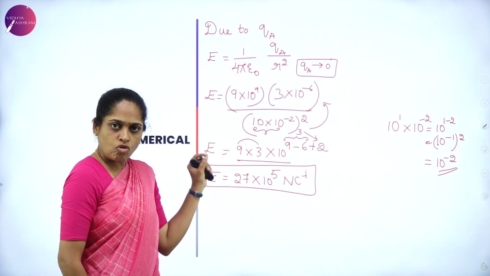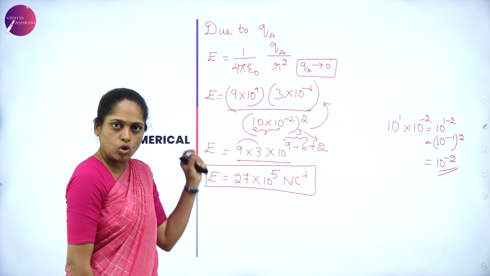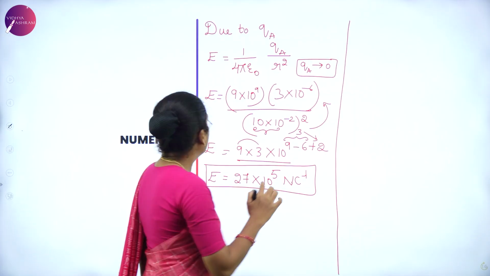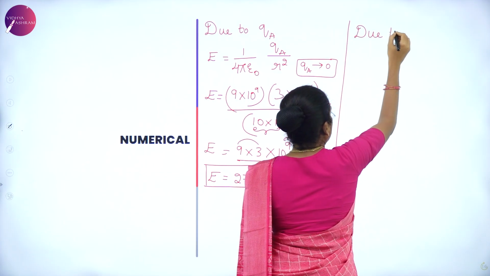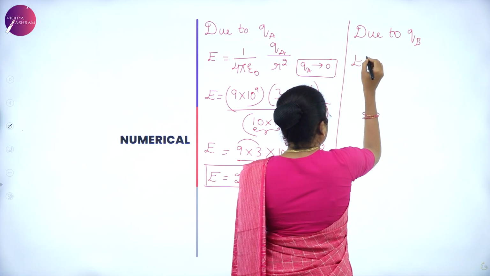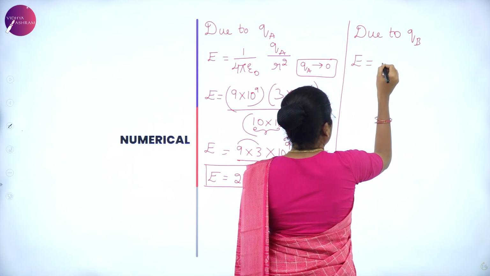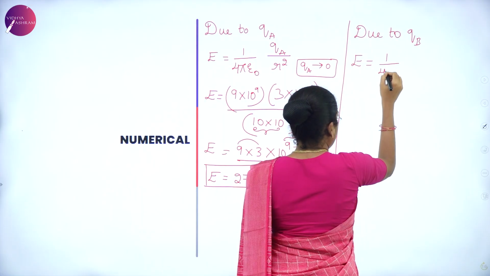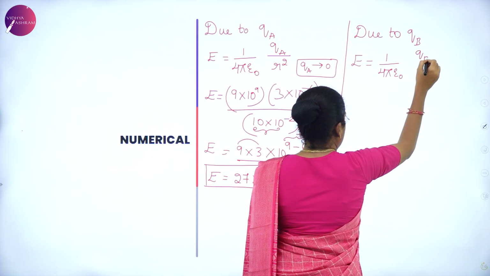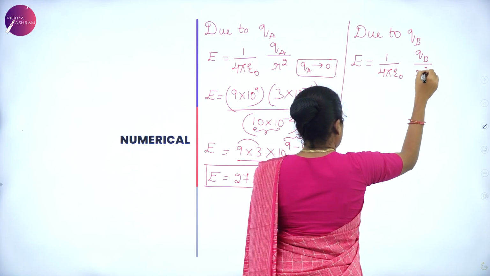Same way we need to find the electric field due to charge which is placed at point B. Due to QB, the electric field E is equal to 1 by 4 pi epsilon naught QB by R square.